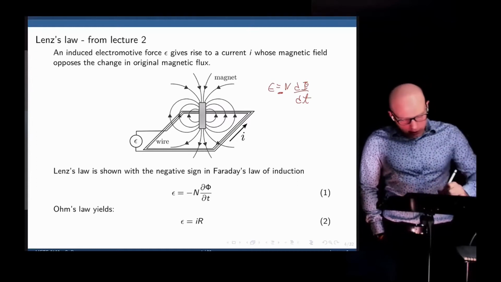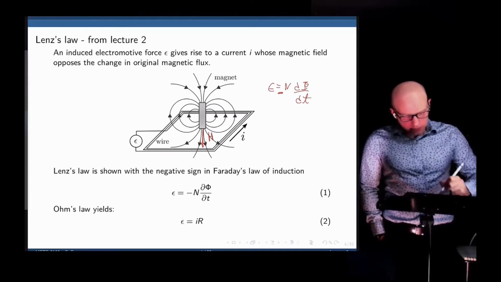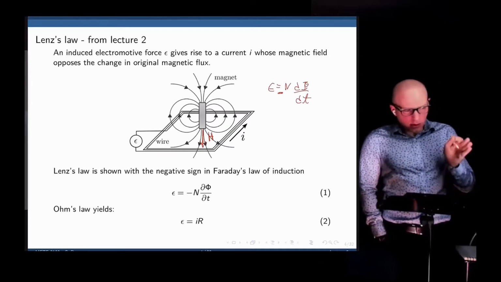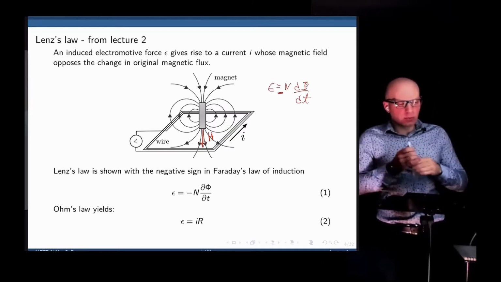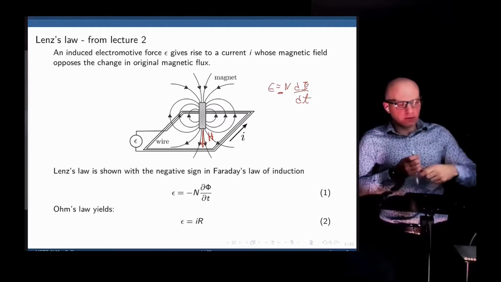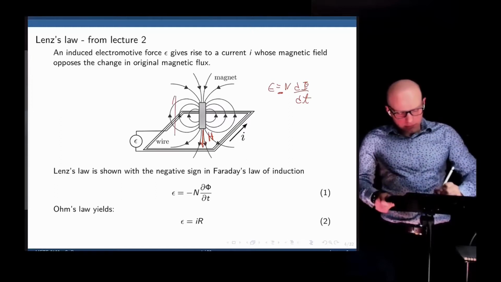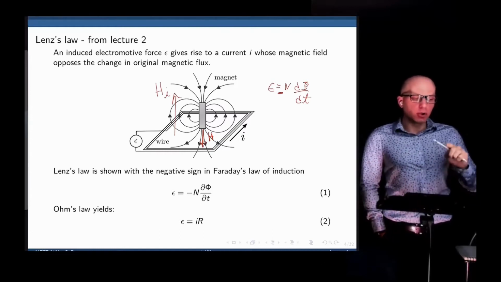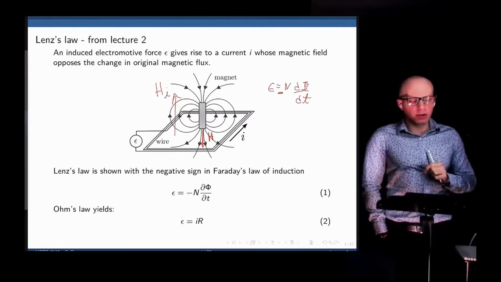In this case here, if the magnet is going down, let's assume that its magnetic field is H. You see that it creates a current I in the conductor. If you use the right-hand rule and follow the current direction, we see that the resulting magnetic field is upwards. And this is the resulting magnetic field from the current I, which opposes the magnetic field of that magnet.